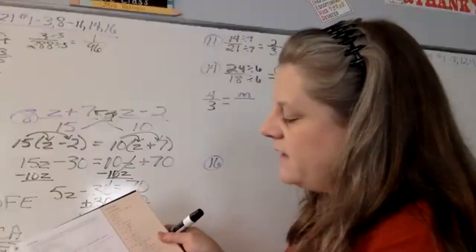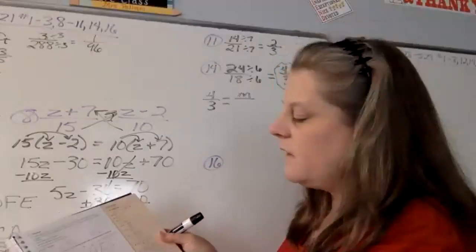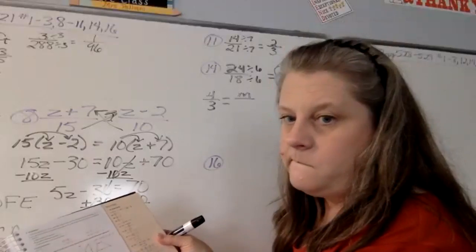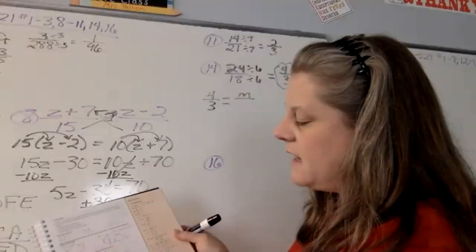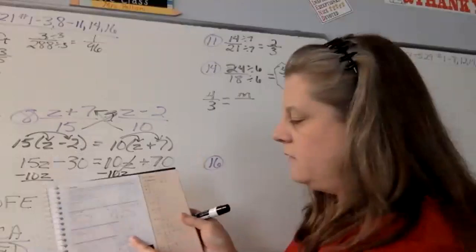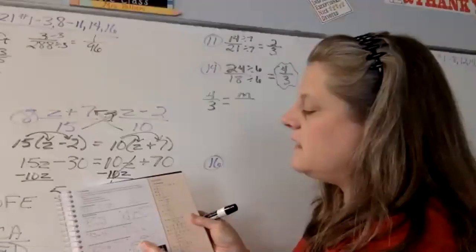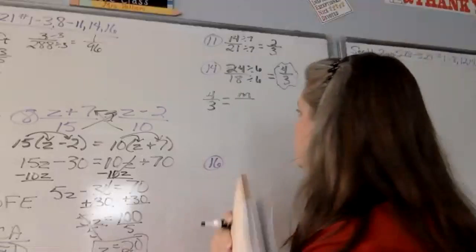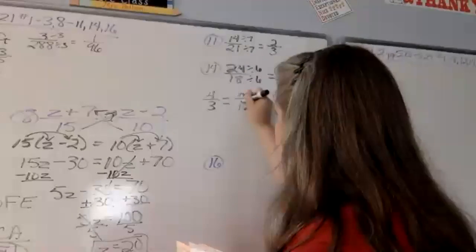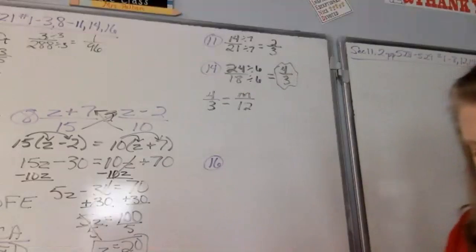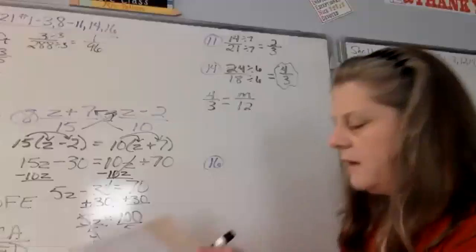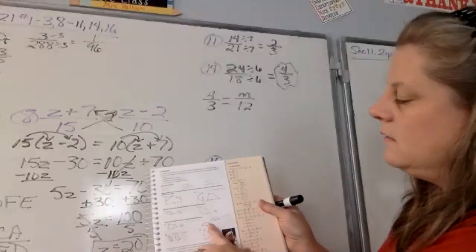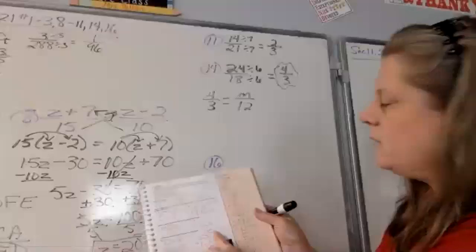M matches up with what side in the little triangle? It's in the same position as 12. M is in the same position as the 12 up here, right? Y'all see what I'm talking about? It's on the top right, goes with the top right.